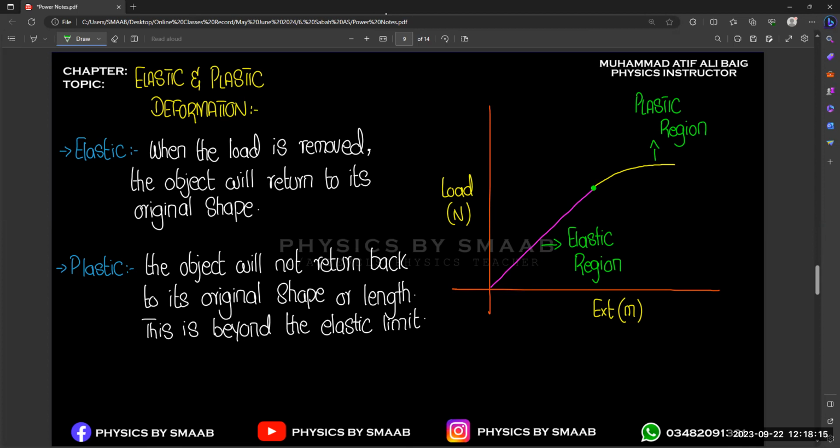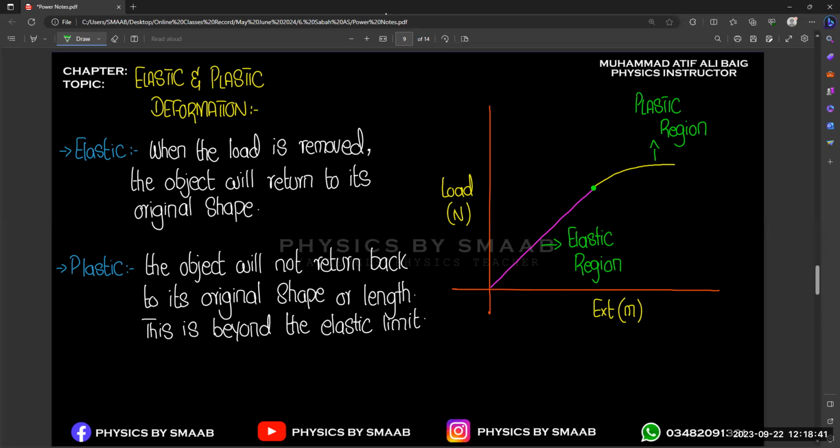So this is the concept of the elastic and plastic deformation and the region of elastic and plastic limit, right? Basically, in the elastic region, load and extension are directly proportional, but in the plastic region, there is a curved line which shows you that it is no longer directly proportional to the load, right?